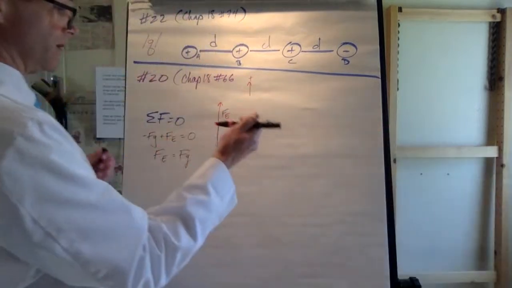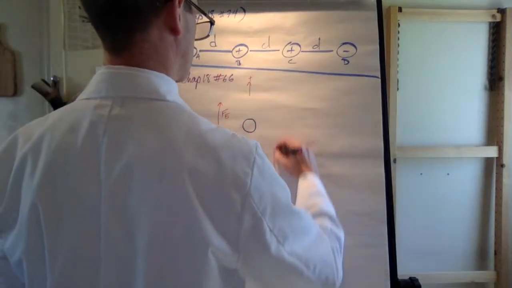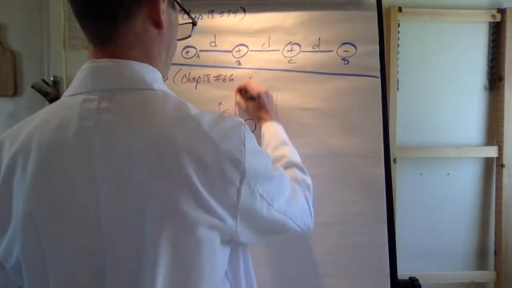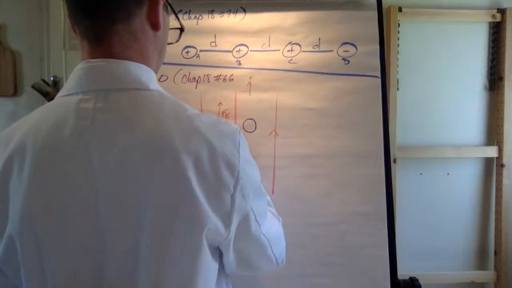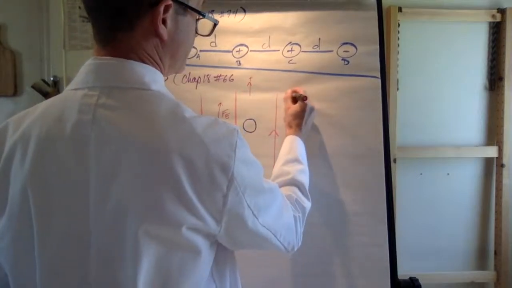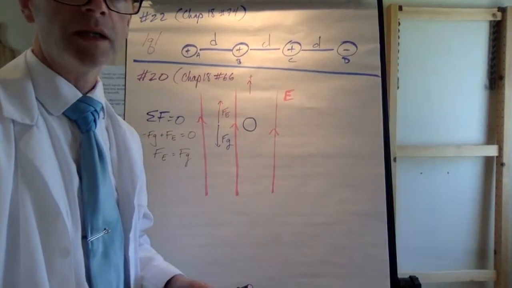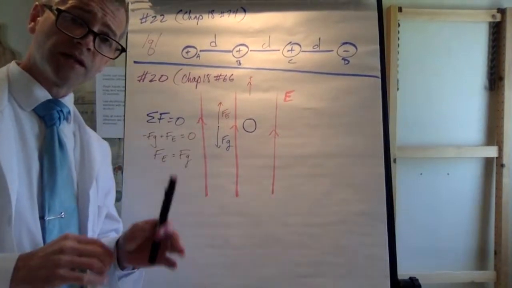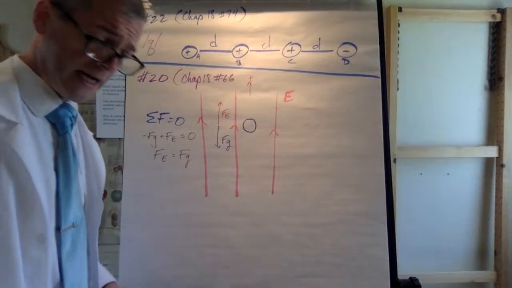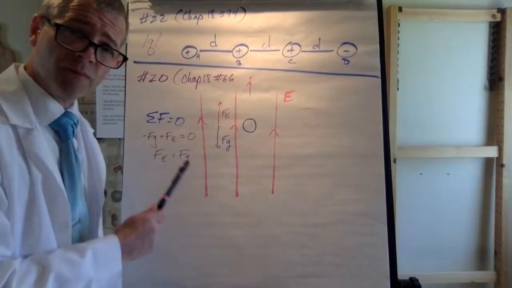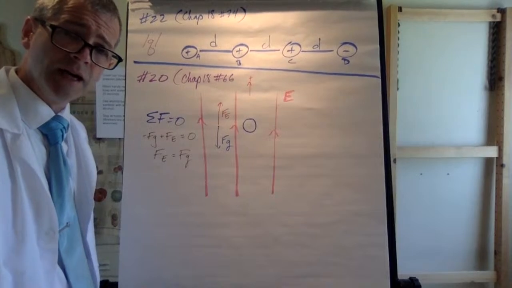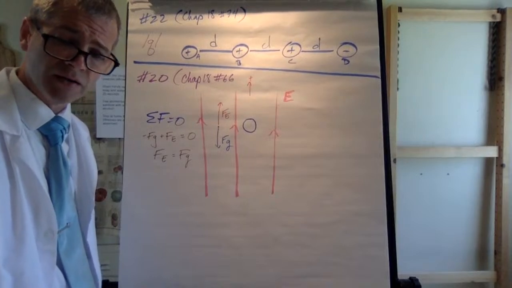So there's my E field. What direction does the electric field point? The electric field points in the direction a positive charge will get pushed. When I went back in to get my whiteboard and all my other stuff, I did not grab my little practice positive charge.